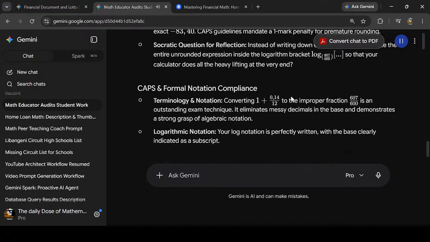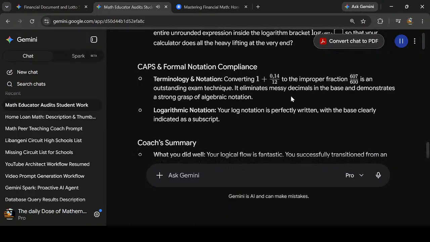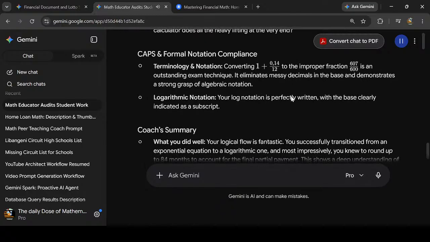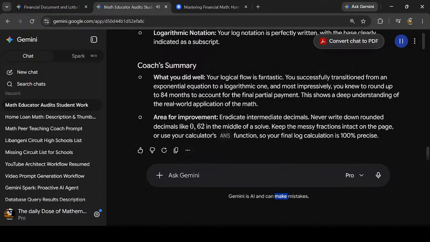CAPS and formal notation compliance. Terminology and notation: converting 1 plus 0.14 over 12 to the improper fraction 607 over 600 is an outstanding exam technique. It eliminates messy decimals in the base and demonstrates a strong grasp of algebraic notation. Logarithmic note: your logical flow is fantastic.